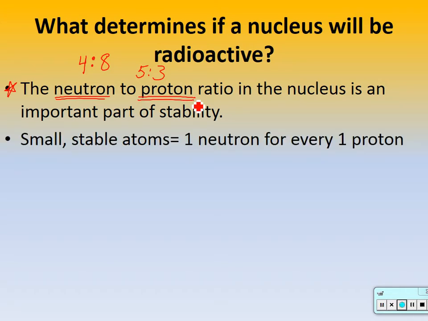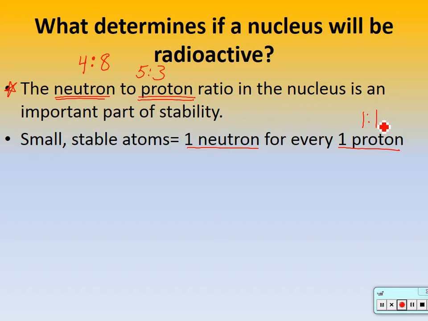Okay, for small, stable atoms, you will see one neutron for every one proton. So what's the neutron to proton ratio if you have one neutron for every proton? 1 to 1. That's a 1 to 1 ratio. Now, if you're a small atom and you're stable, you're going to have a 1 to 1 neutron to proton ratio. For example, let's go to helium.